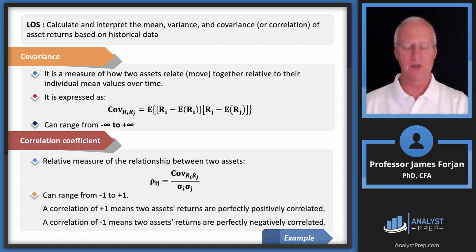I mean, if I came to you and said, hey, the covariance between the number of three-point attempts that Steph Curry takes during an NBA Finals and the number of milkshakes that he drinks in the day before the game is 285, you would look at me and say, man, I have no idea what that means.